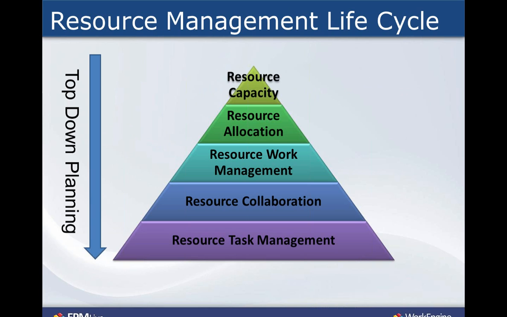At the top, when you think about initially doing resource capacity, that's very high-level planning just to get a sanity check and visibility into whether or not the staffing levels or the resources we have at our disposal are enough to take on the commitments that we're doing, or when we're looking at new commitments, do we have enough resources to fulfill our obligations. From that resource capacity, eventually you're going to allocate specific resources to projects and other work initiatives, named individuals who specifically have to do that work.